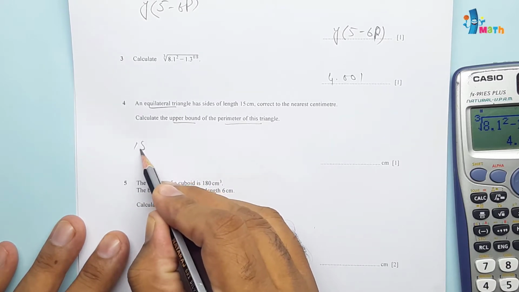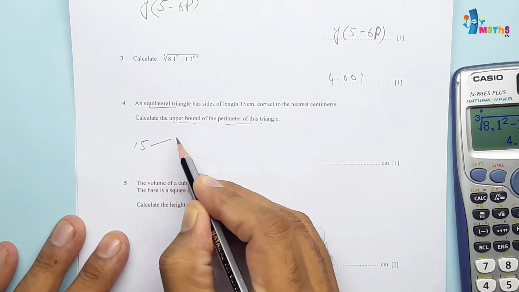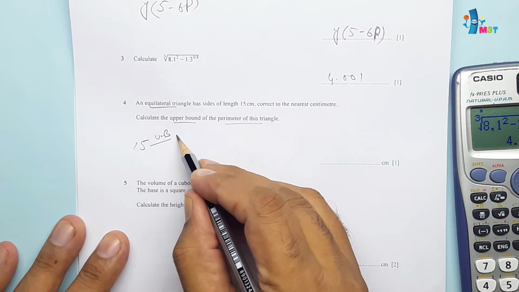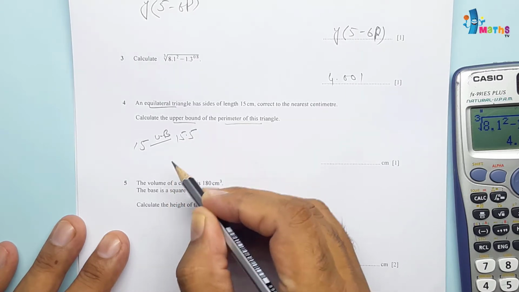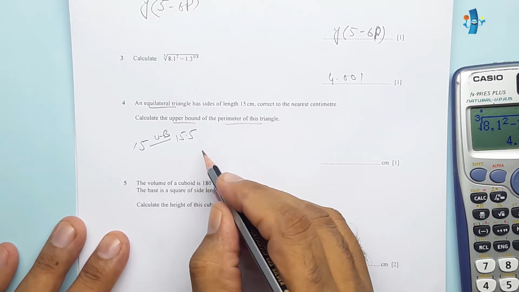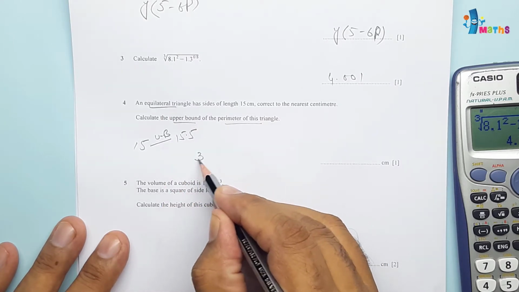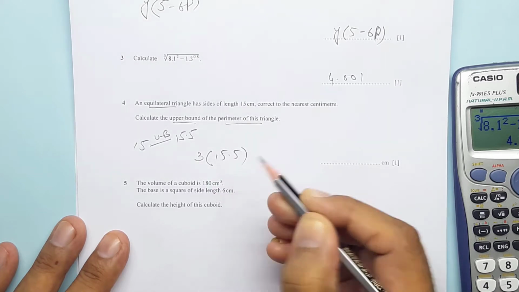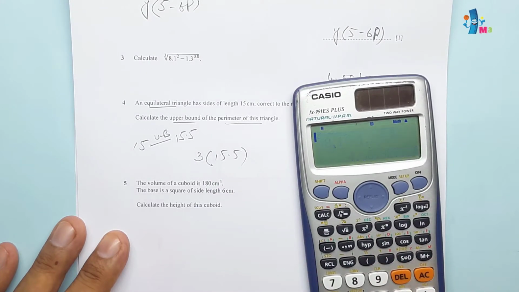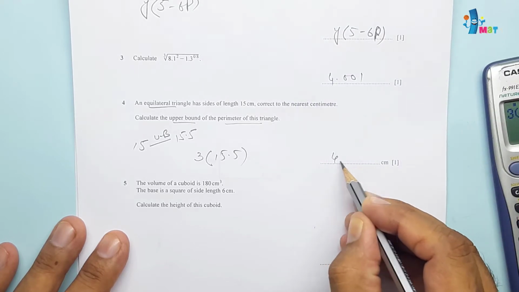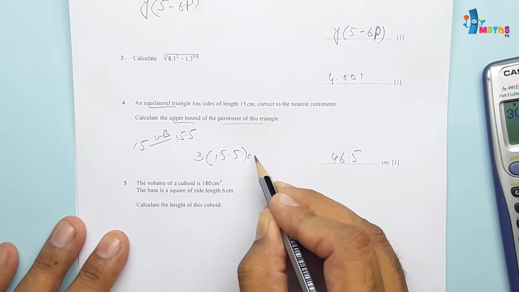The upper bound of 15 centimeter will be equal to 15.5, and all three sides we have to take for the perimeter. So 3 multiplied by 15.5 will be equal to 46.5. So 46.5 will be our answer.